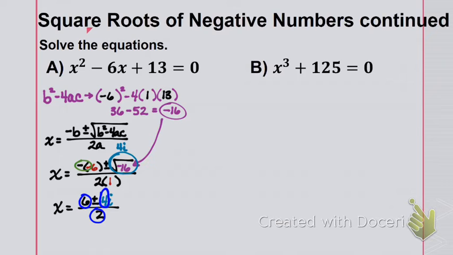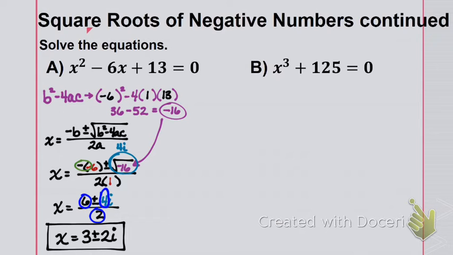What will go into all of those? 2 goes into all of those. So how would this simplify then? 3 plus or minus 2i. How many answers? 2. 3 plus 2i, 3 minus 2i.